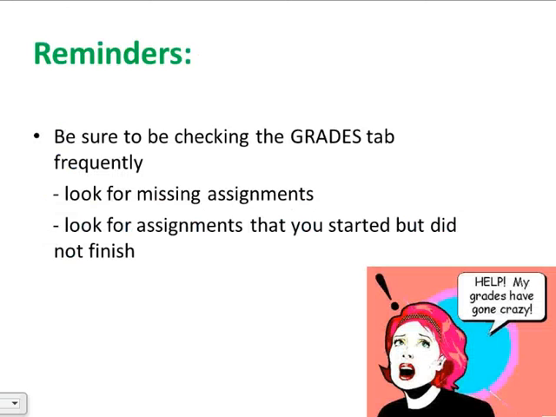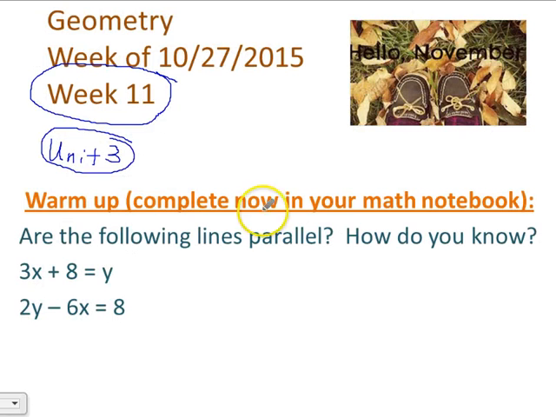So our warm-up question deals with parallel lines, and you're going to be learning about this in Unit 3, Session 1, I believe. So this probably is going to be a review from algebra. It was last year that we took algebra, so that is why we are starting this with a warm-up.